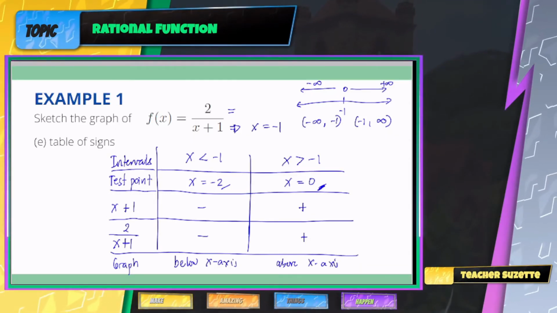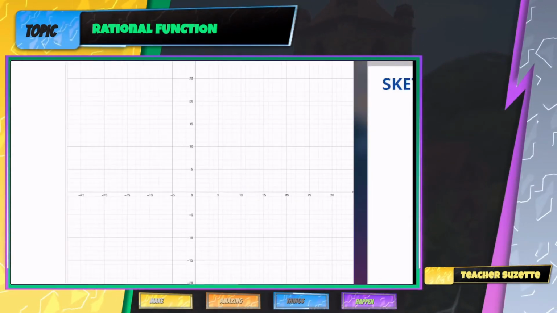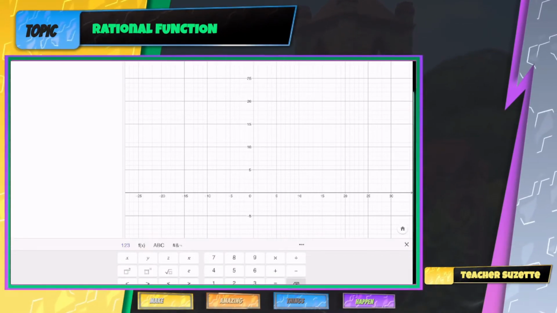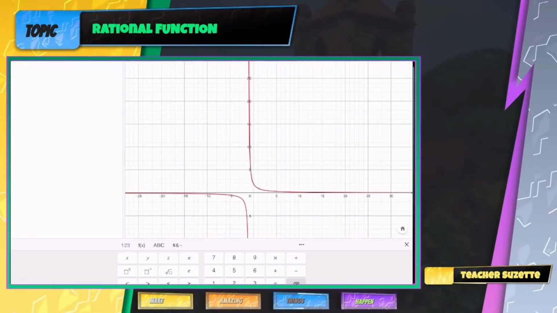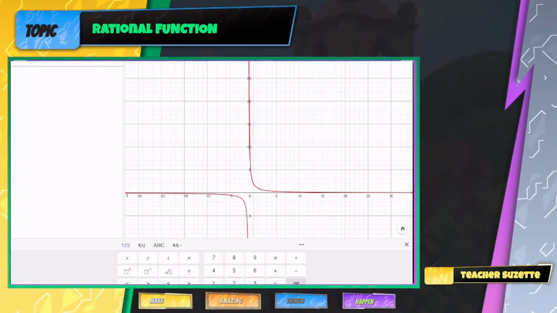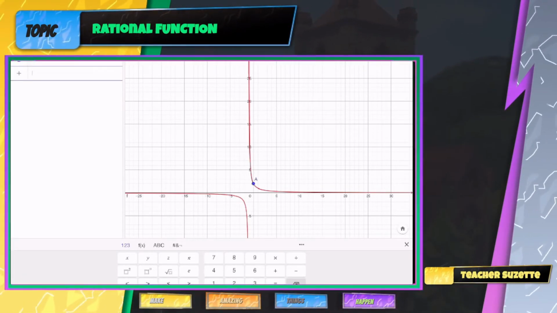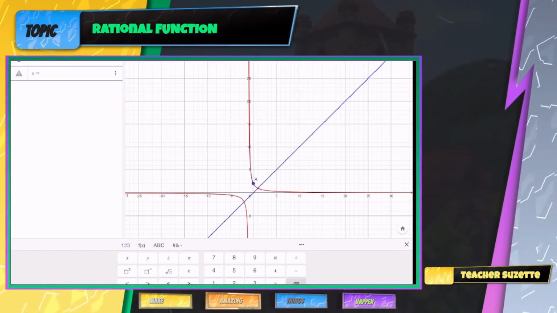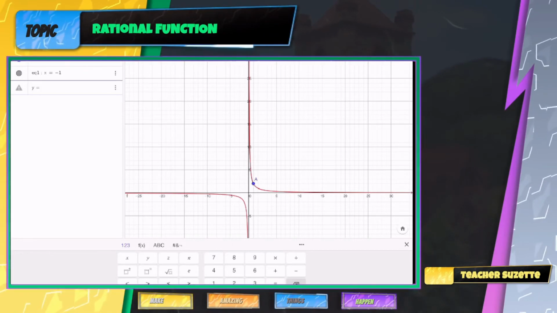This is just a sketch, so you can test its accuracy using software. Let's check if this is the result, using GeoGebra. That is y is equal to 2 over x plus 1. It has a point at 0, 2 where it intersects, and we have an x-intercept of negative 1, with y equal to 0.